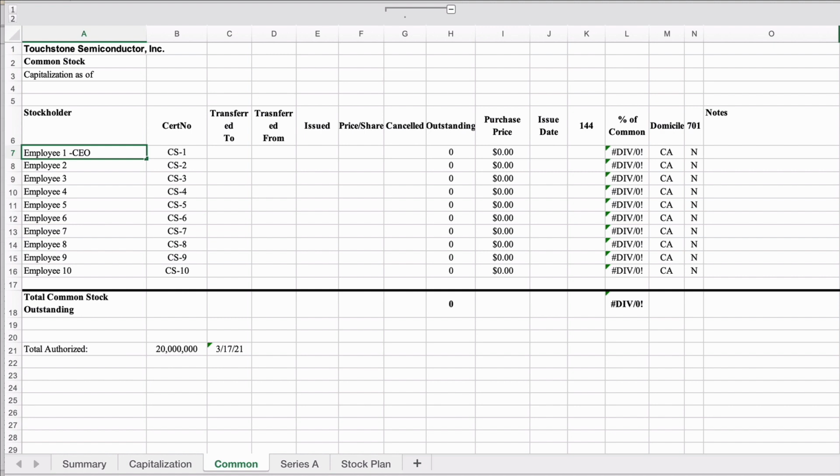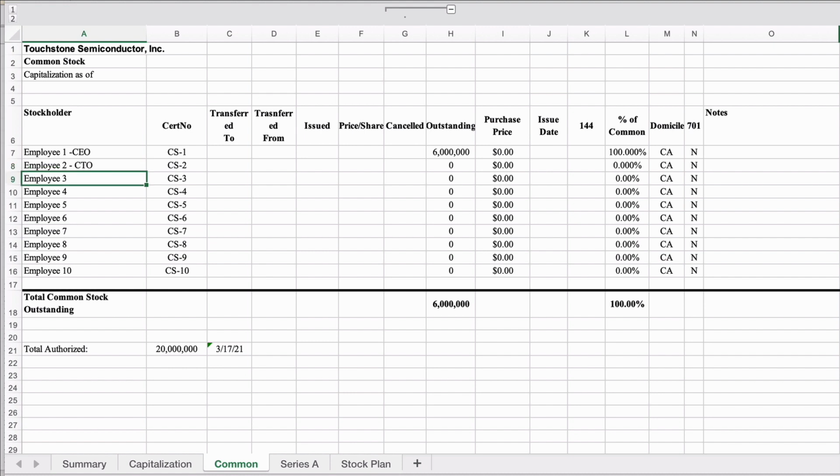The CEO wanted 60%. That was the agreement. So 60%, we're going to say 6 million shares. Employee number 2 is the CTO in this particular example.